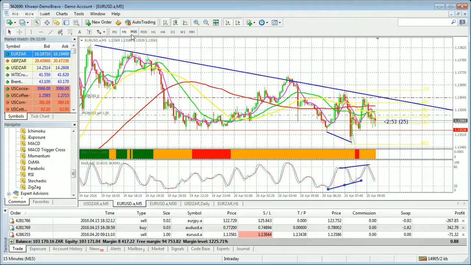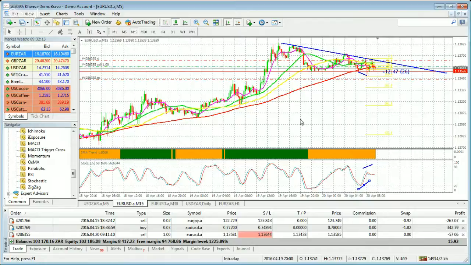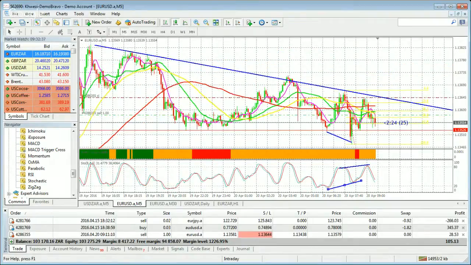Let's check the 15 again. A lot of uncertainty. It's going to take some time before we really get anything else happening.